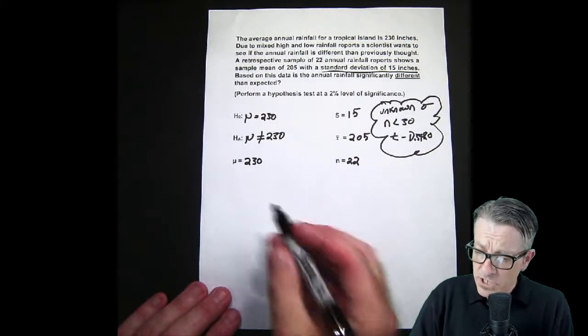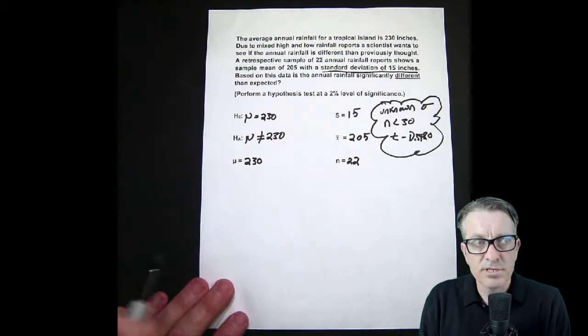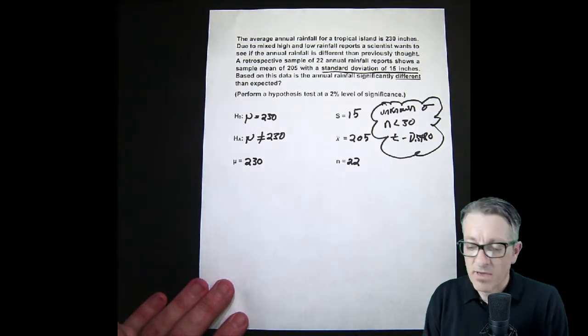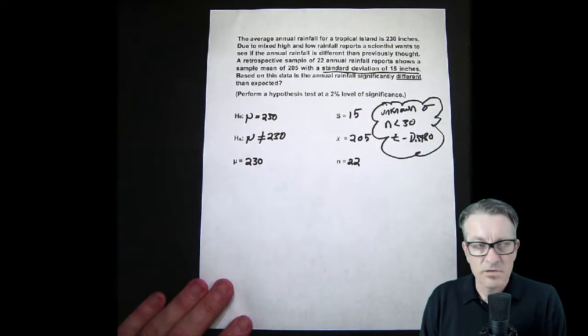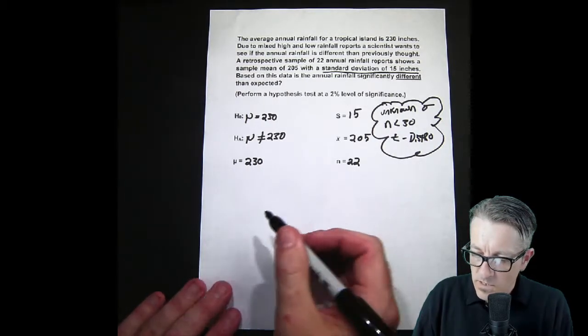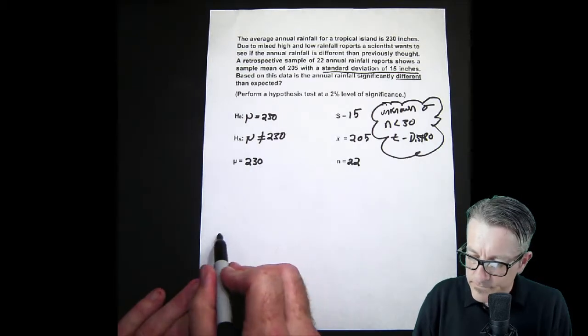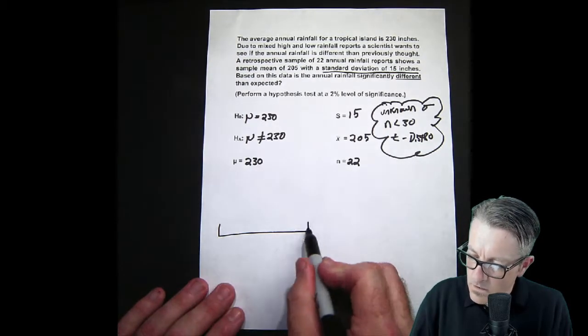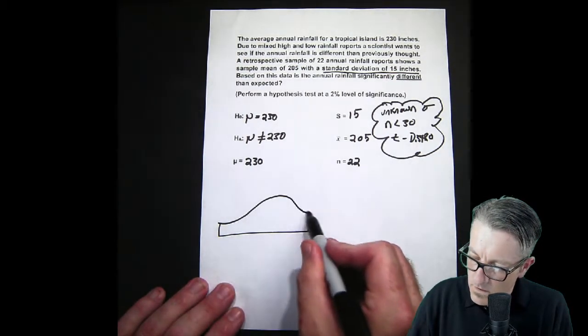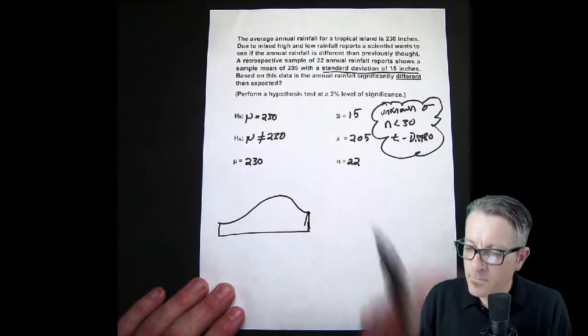I always draw a picture, and we're going to use the rejection zone method. In future videos, I'm going to explain how we do this with p-values, but we're going to use the rejection zone method. Not a very good artist here.